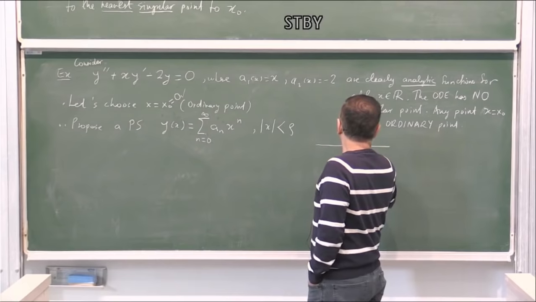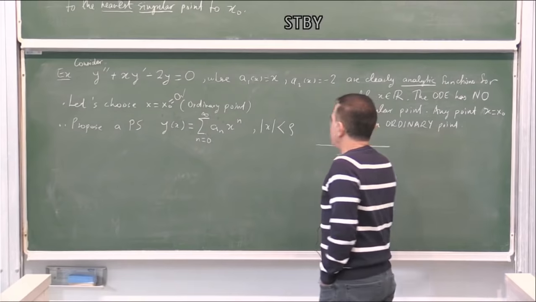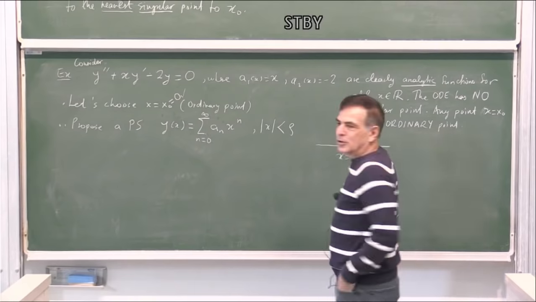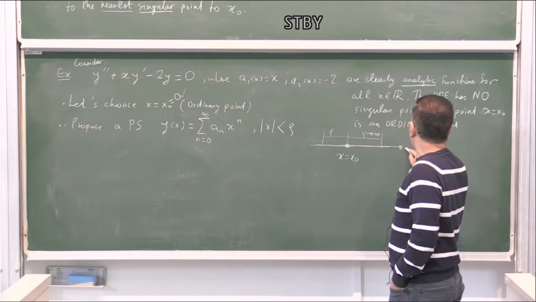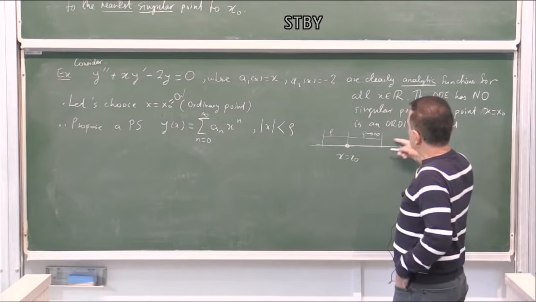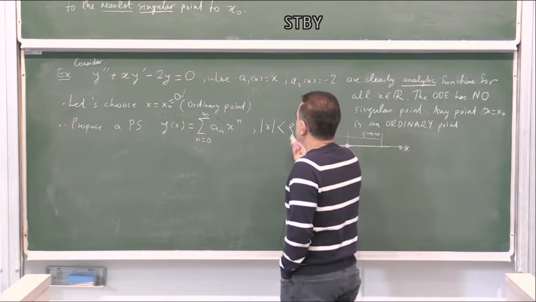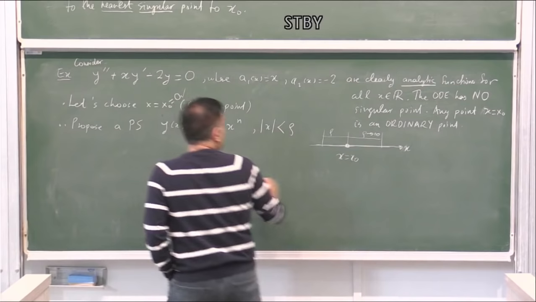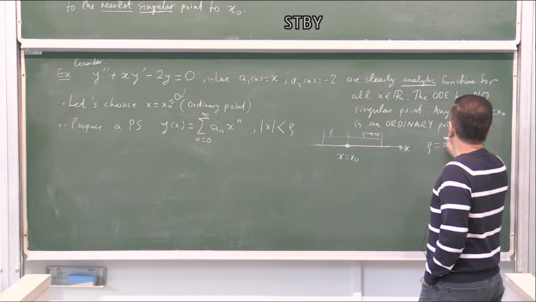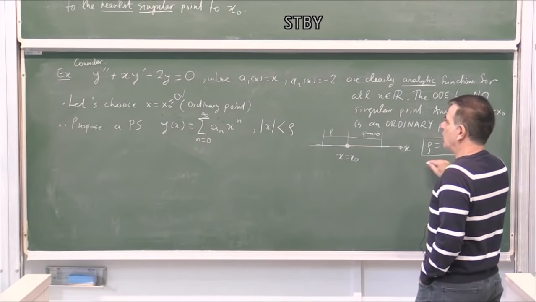So here is x equal to x0. The radius of convergence is bounded by the nearest singular point, but there is no singular point anywhere. Therefore, rho is infinity.